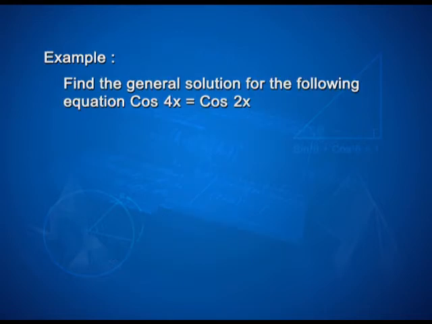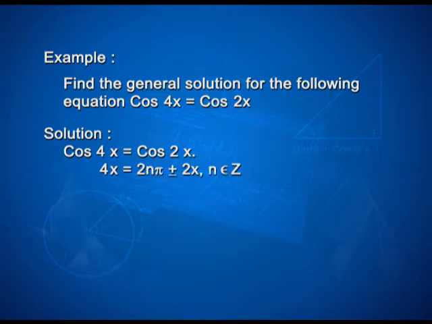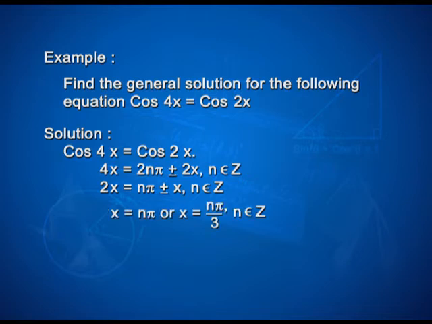Find the general solution for the following equation: cos 4x is equal to cos 2x. Here cos 4x is equal to cos 2x, therefore, 4x can be written as 2n pi plus or minus 2x, where n belongs to z, or 2x is equal to n pi plus or minus x, where n belongs to z, or x is equal to n pi or x is equal to n pi upon 3, where n belongs to z.